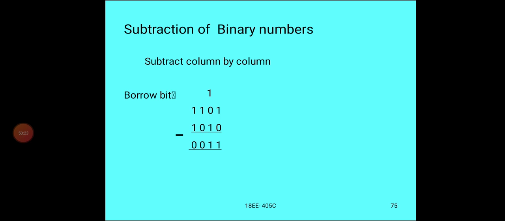Already borrowed, so there is a 0. 0 minus 0 is 0. 1 minus 1 is 0. The result is 0011.